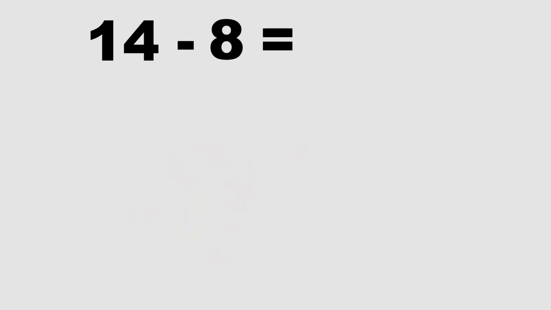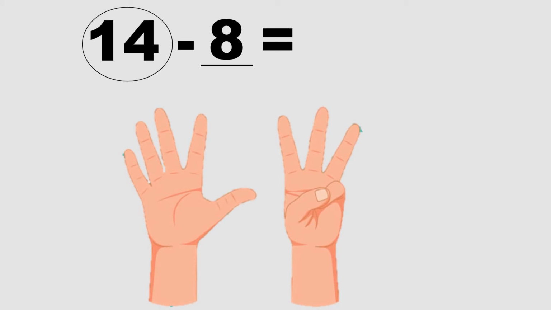14 minus 8. Which is the bigger number here? 14. So keep 14 in mind and 8 in hand. How many fingers? 8 in hand. So take your 8 fingers. Yes, 8 fingers are here.